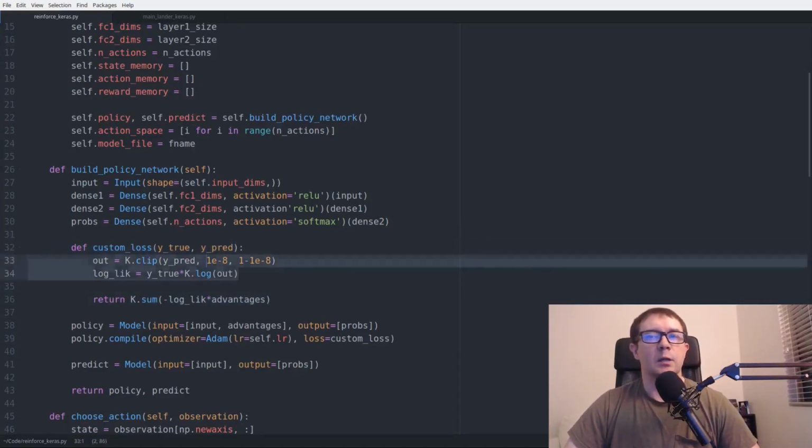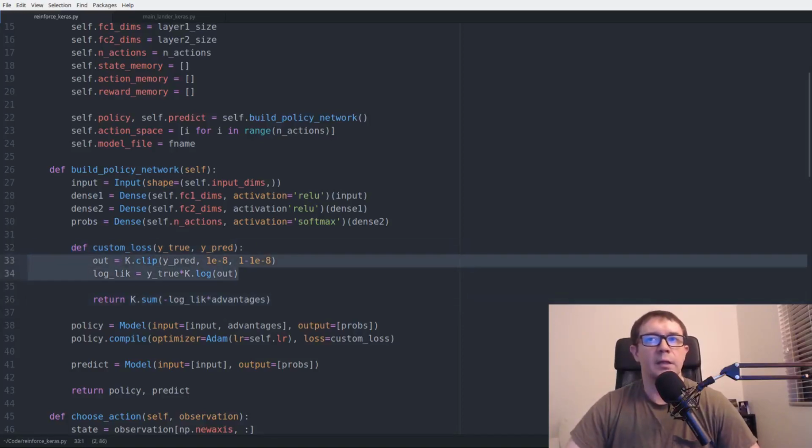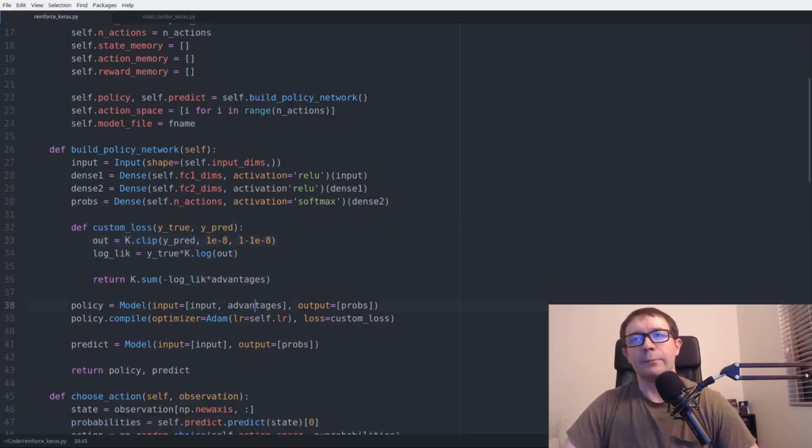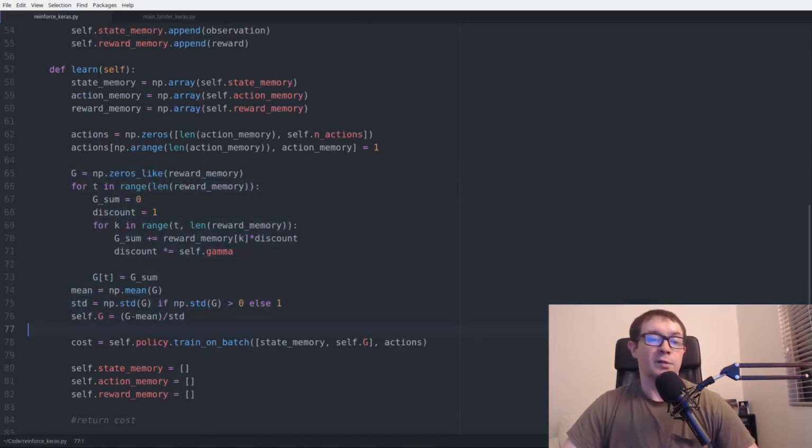This is a closure, so you're going to use this function to return an actual Keras function, and that is the K sum of the negative log likelihood multiplied by the advantages. The log likelihood is what we calculate here, and of course I use the clip function to make sure we aren't taking the log of 0. And we specify advantages in the input to our policy, and of course the advantages are calculated down here by this chunk of code. So that is it in a nutshell.